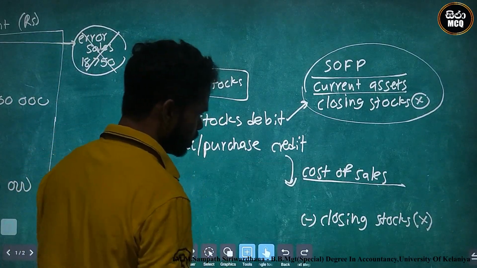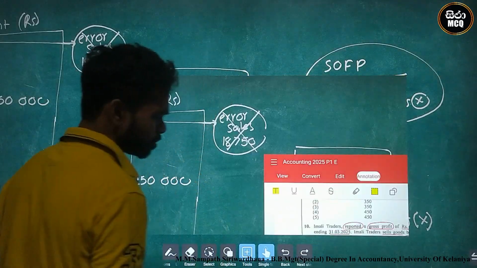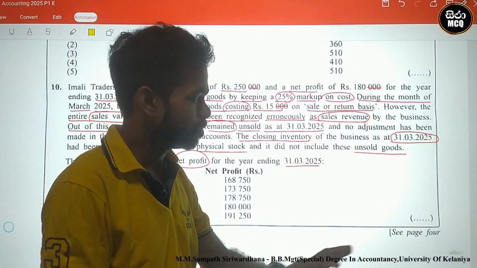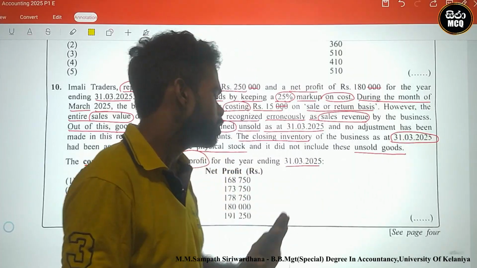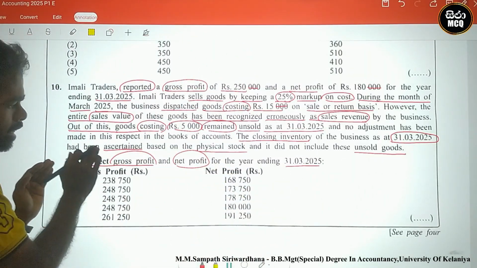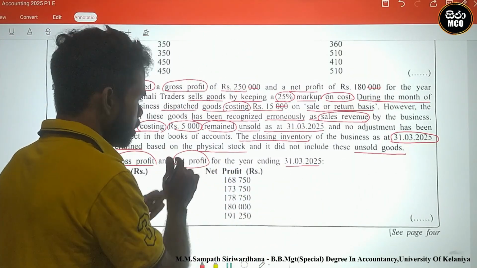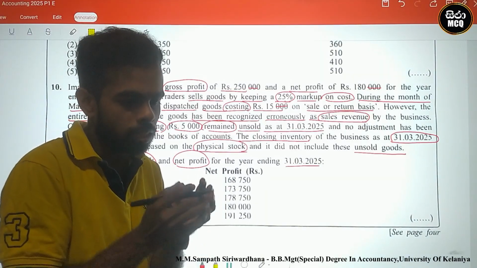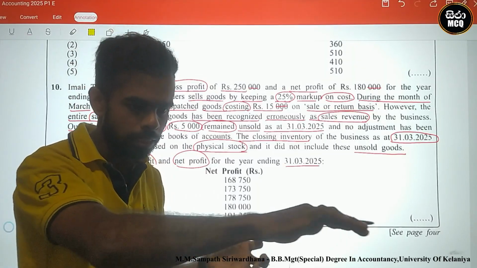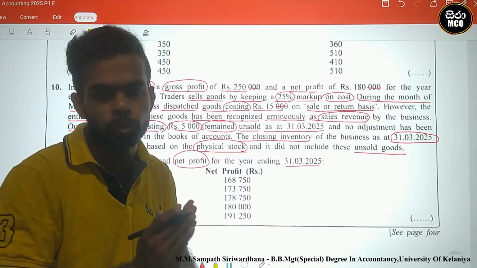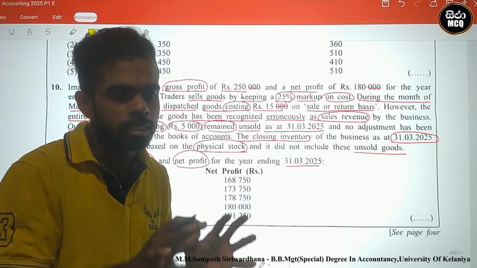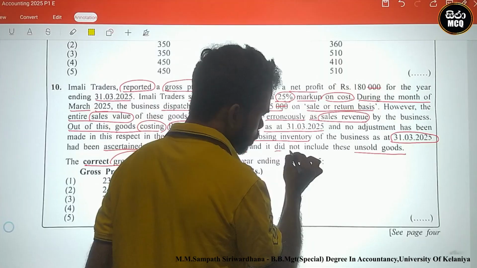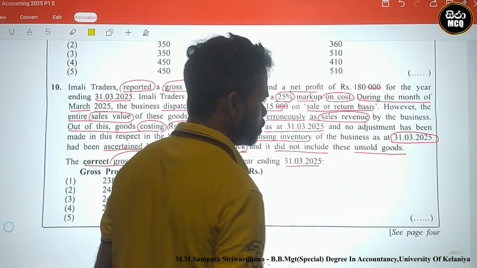And look here, what do they explain? They explain that the closing inventory of the business as at 31st March 2025 had been ascertained, identified as physical stock. Physical stock means actual counted stock in the business, and it did not include these unsold goods.